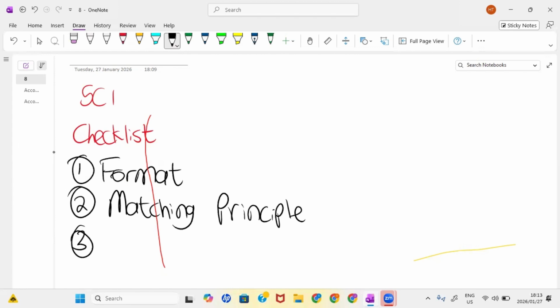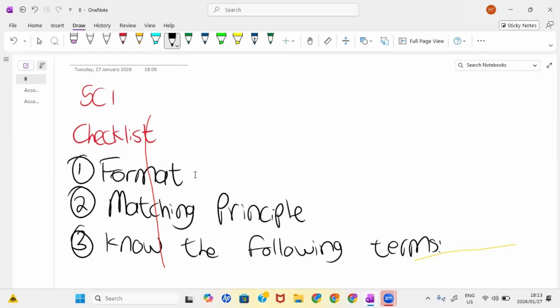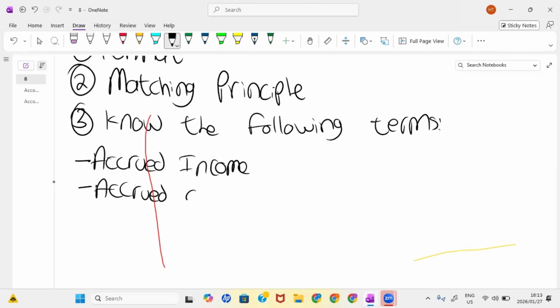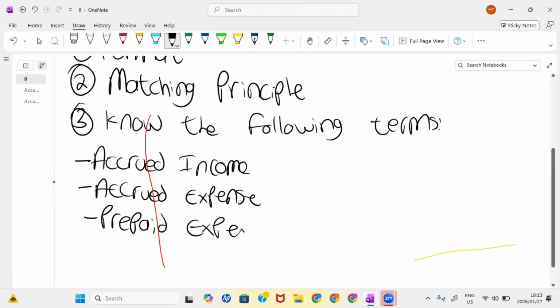And then you need to know the following terms, right? We looked at them yesterday. I will just write them down here: starting with accrued income, then accrued expense, then prepaid expense, and last but not least, deferred income.